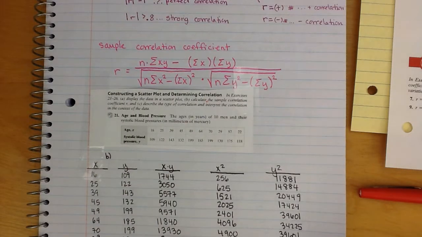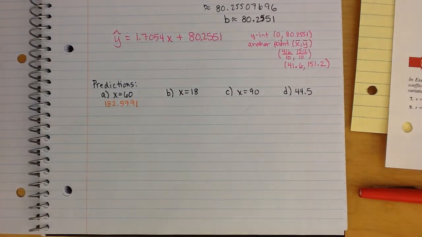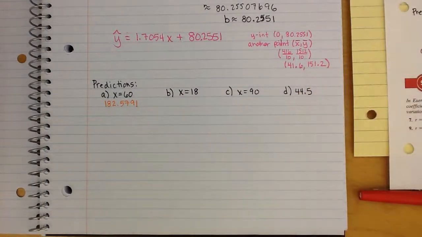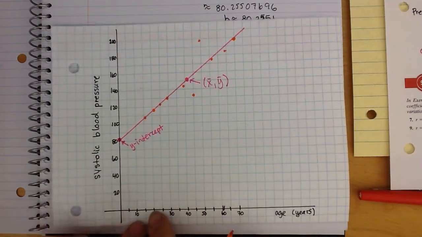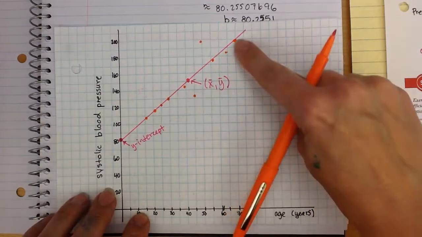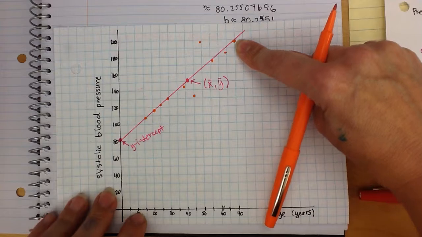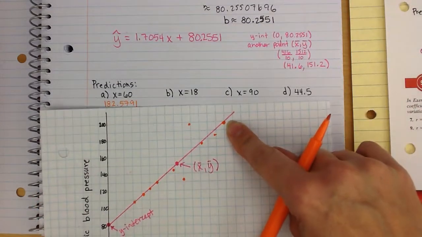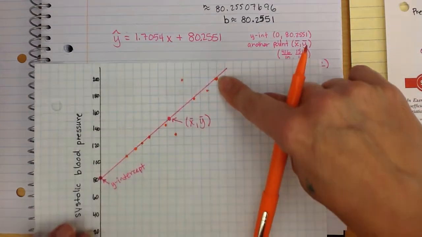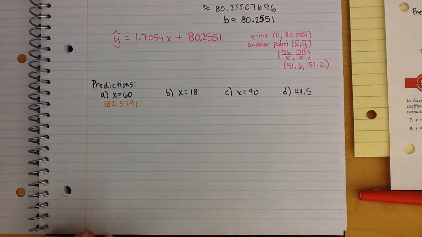Looking at our data here. One thing we want to be careful of is when we're making predictions, we don't want to make predictions that are outside of our data range. So if you look at our data started at age 16 and ended at age, looks like 70. So we're fine to make a prediction of 18, but when we look at making a prediction of 90, that's outside of our range of data.